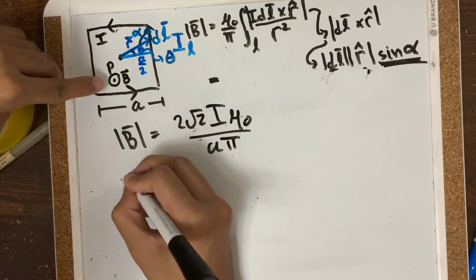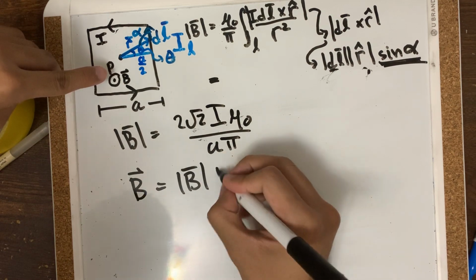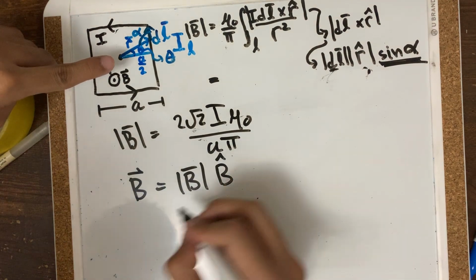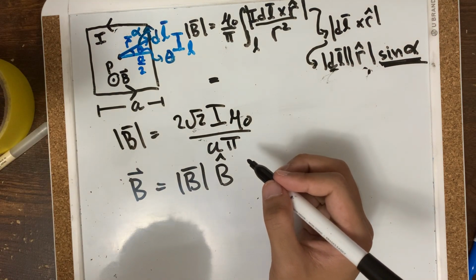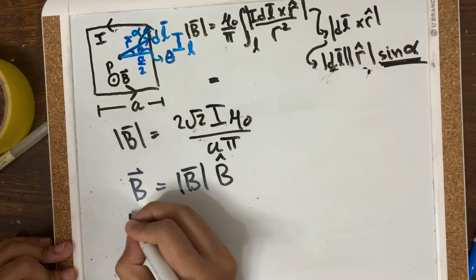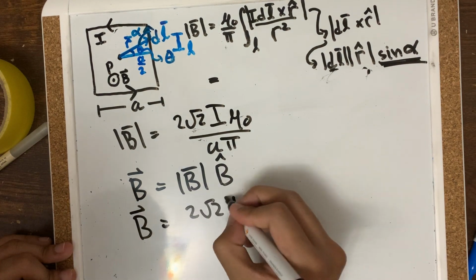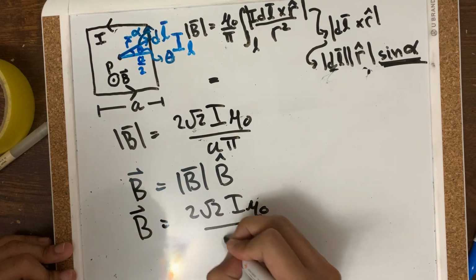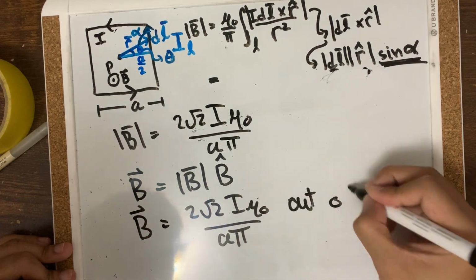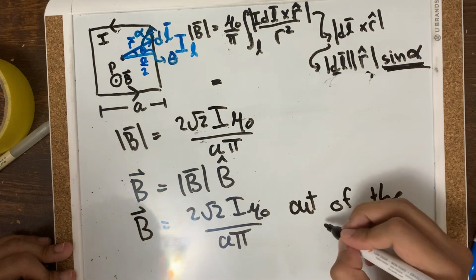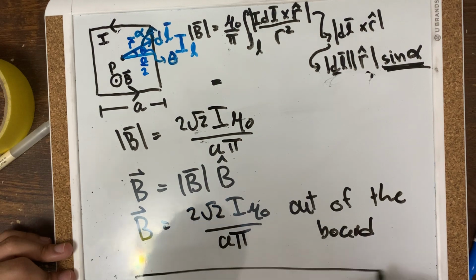So the vector magnetic field is nothing but the magnitude of it times the direction, b hat. We know b hat points outwards, so we can just say that our magnetic field is 2 root 2 I mu naught over a pi out of the page, out of the board in this case. Yeah, so that's it. That is the final answer.